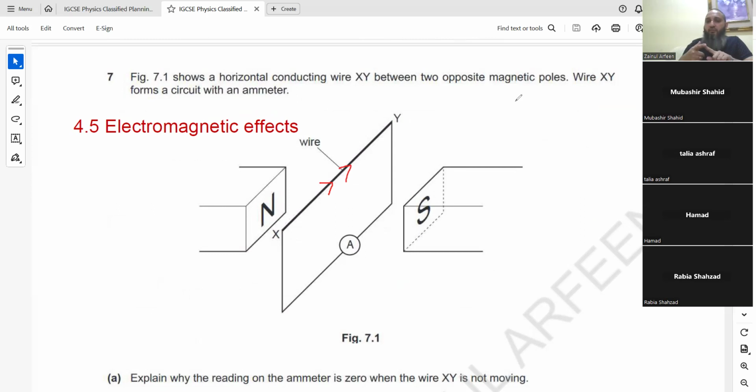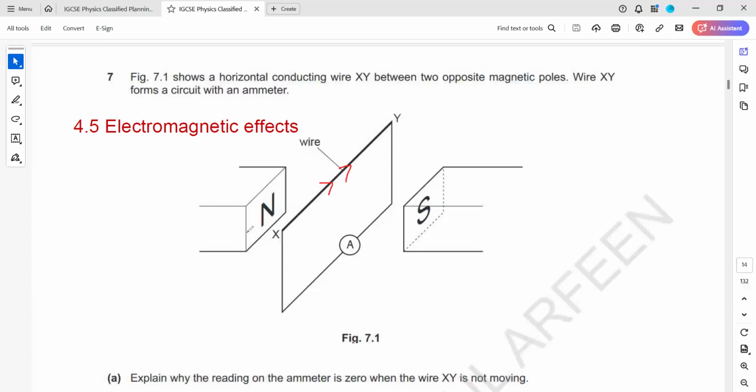Your index finger will point towards the direction of the magnetic field, which is towards south. Your second finger represents the current, because we know the direction of the current here. Current from X to Y means into the page. Where is the thumb pointing? Upward. If the thumb is pointing upward, this wire is being moved upward. So the motion of this wire is upward.